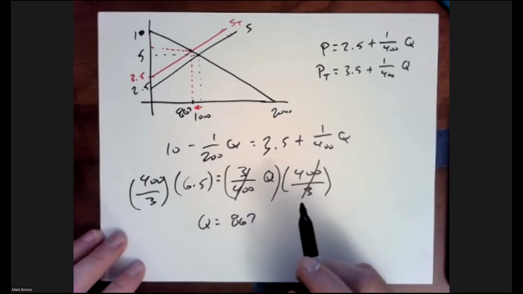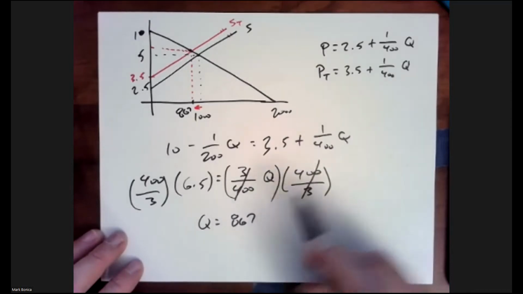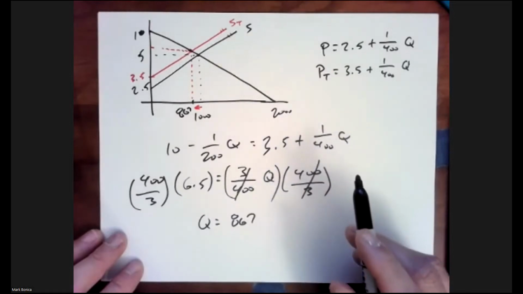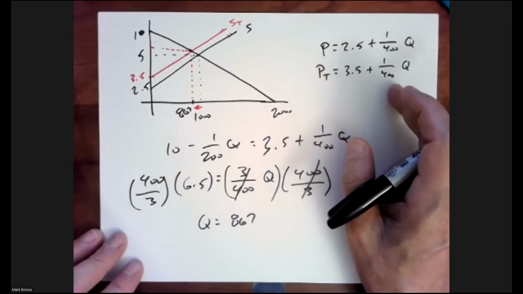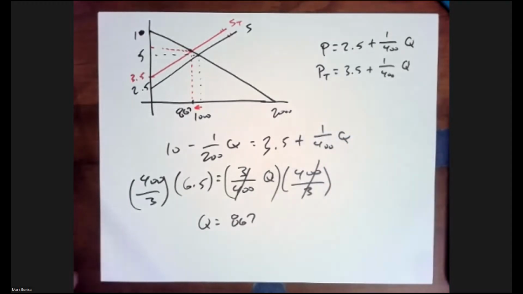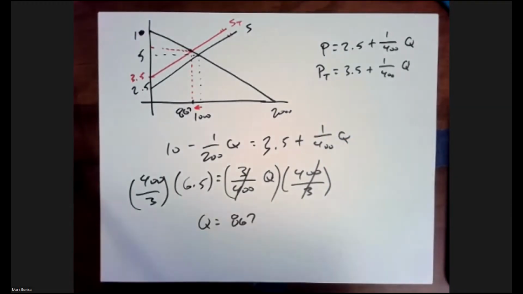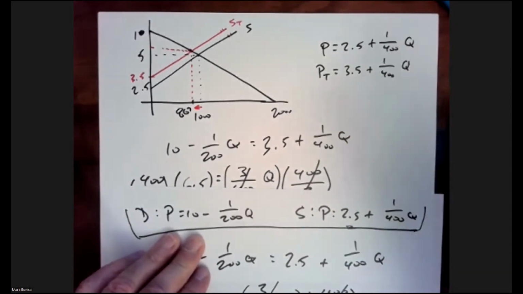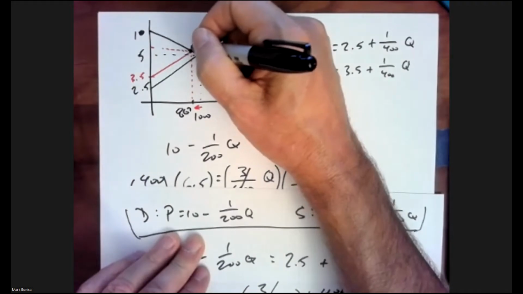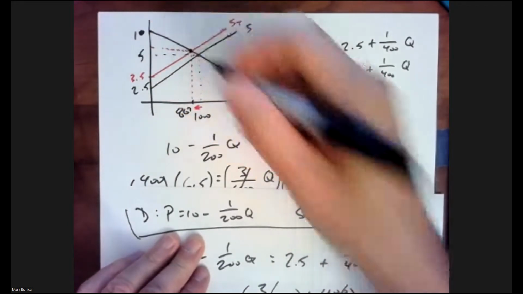this is where you have to be careful. You can't just use any of these. You have to use either the price under tax for the supply curve or the original demand curve. I like to use the demand curve because I'm looking for what this number is right here, right? This price.